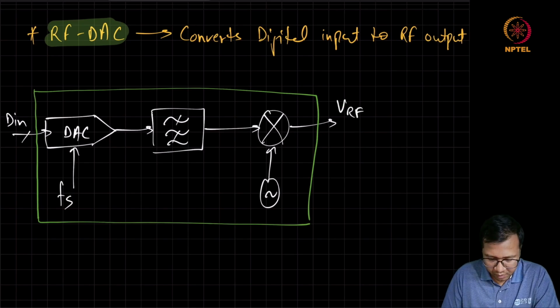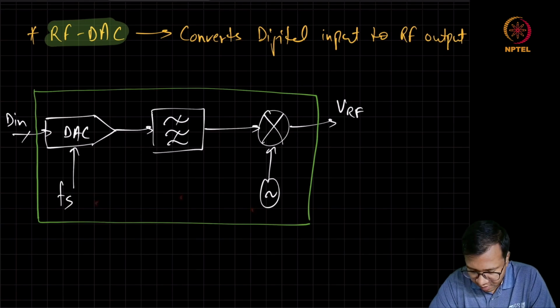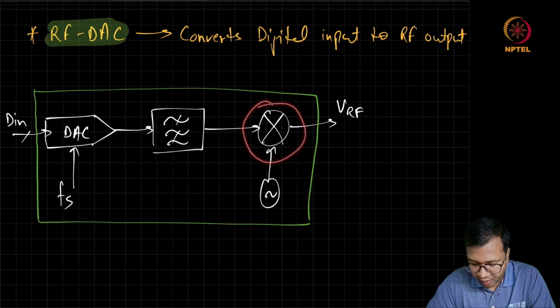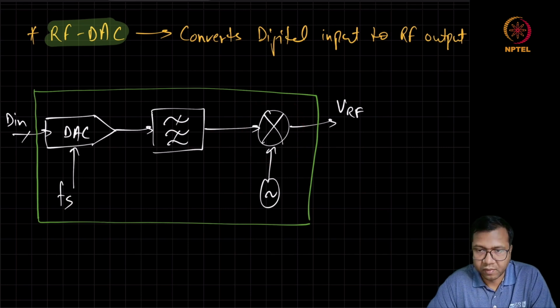And to understand what are the possibilities of merging these blocks, let us try to see the circuit of the active mixer, which was already discussed earlier for the up conversion.